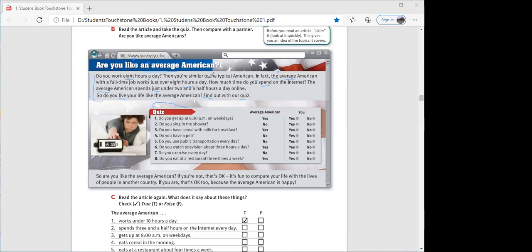In fact, remember, tenemos una vocal aquí en average. Por eso aquí es an, ¿verdad? It's an. Si no fuera a.